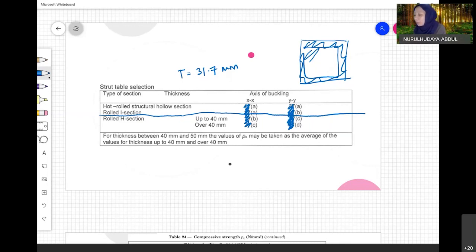So for this 31.7 mm curve B, for x-axis, okay, kita hafal lah sebab tak nak refer lagi dengan benda ni, kita dah tahu. X-axis curve B and for y is curve C.